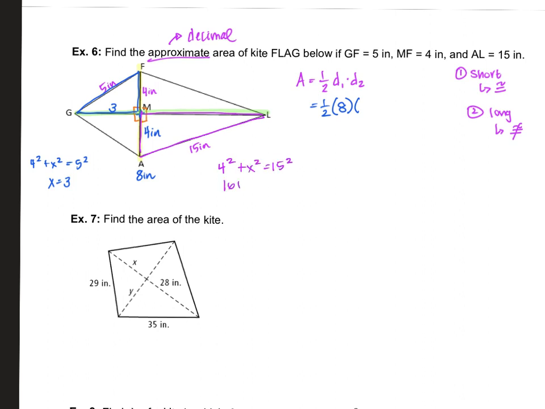So I have 16 plus the unknown squared equals 225. 225 minus that 16 is going to give us 209. And they used that word approximate, so I don't have to worry about factor treeing 209. I can just type that in the calculator, hit enter, and let's round to the hundredths place, so 14.46.